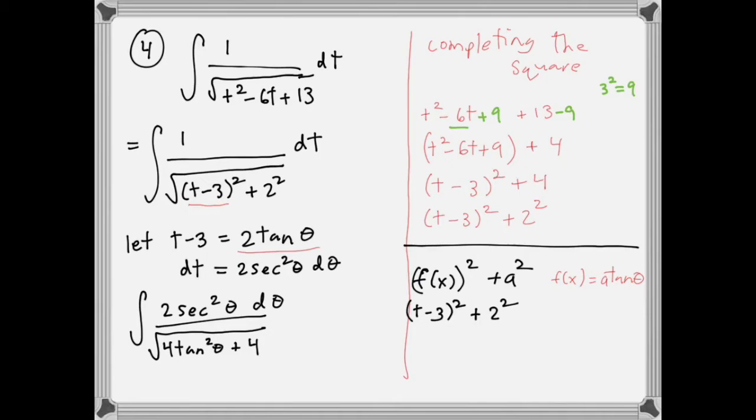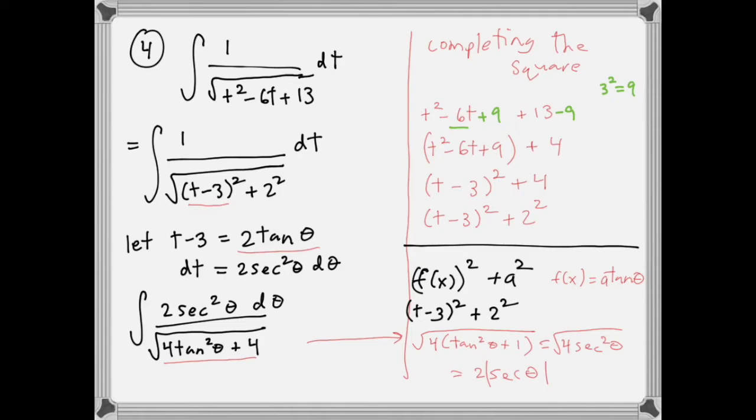Let's do this radical over here. Then this is going to become 4 times tan squared theta plus 1, which is the same as 4 secant squared theta, and then that's the same as 2 secant theta. So the bottom is really 2 secant theta. Let's do this on the next line.